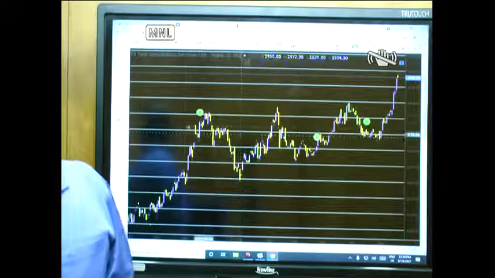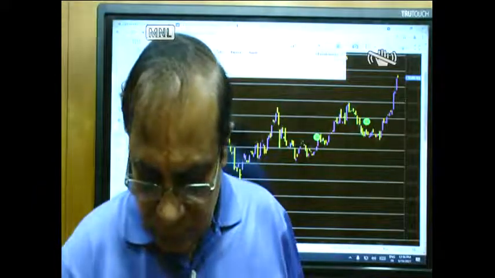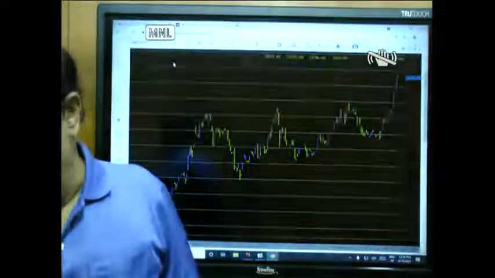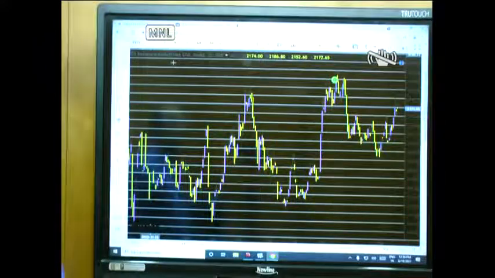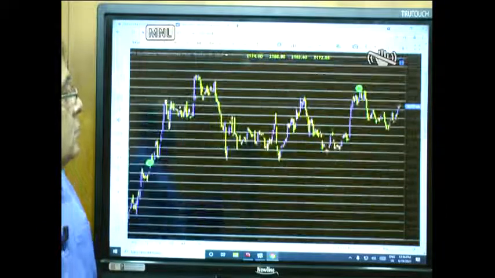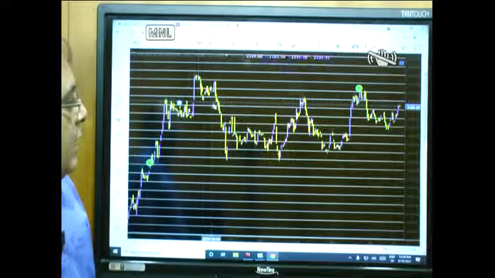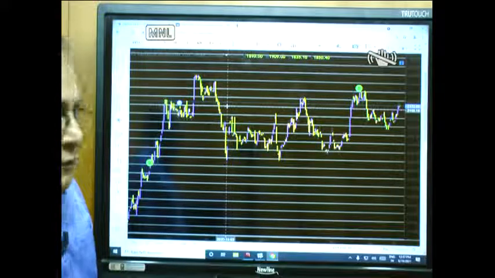Okay. Now let's look at Reliance. See, Reliance on the daily chart, the big picture: it is 2324 at the top and this is the low, which is 1850.